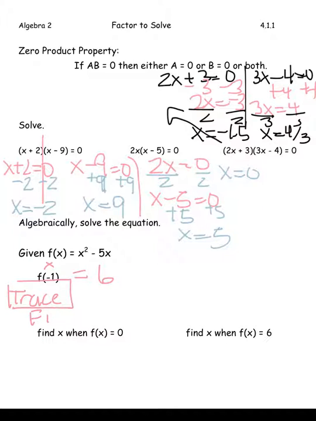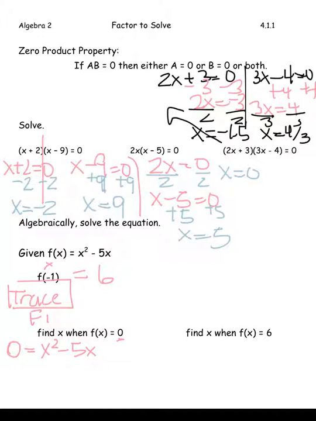So if f of x equals 0, then we have 0 equals x squared minus 5x. Well, hey, that equals 0, like the zero product property. But the other side of the equal sign isn't a multiplication problem until I factor it. So how do I factor?